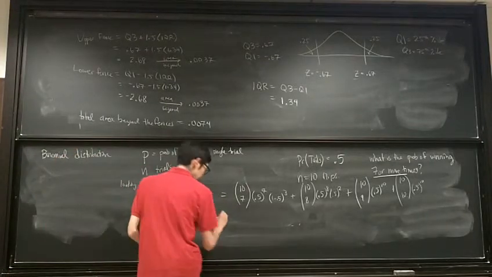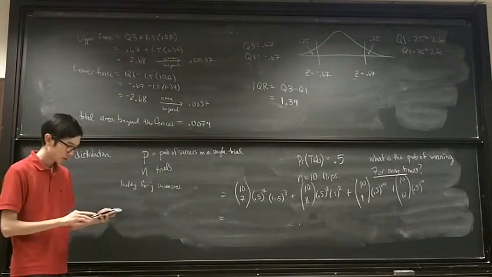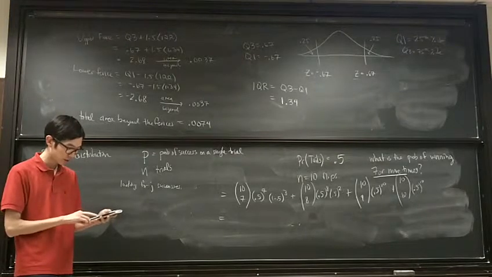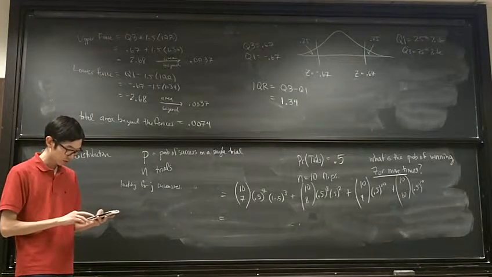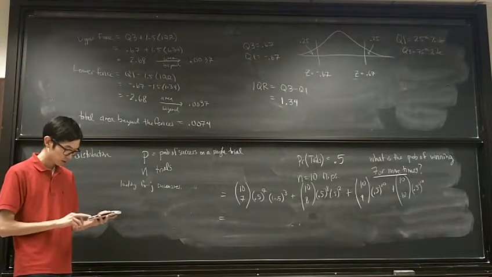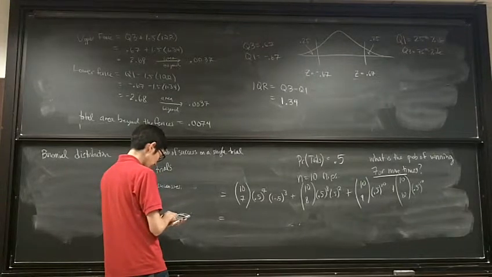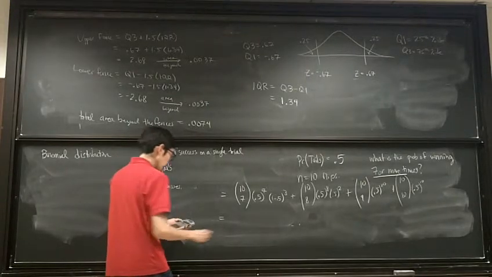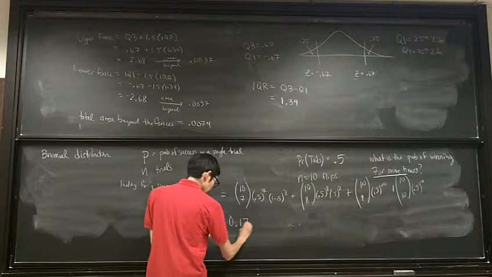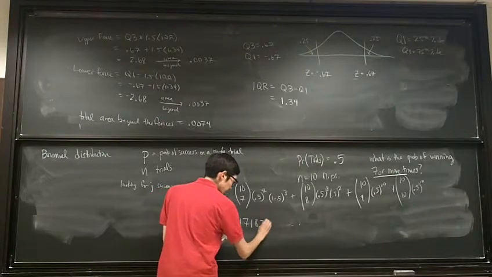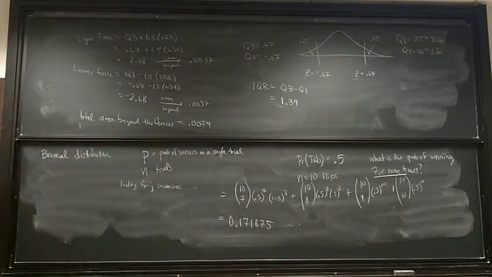So let's see. 10 choose 7 plus 10 choose 8 plus 10 choose 9 plus 10 choose 10. I get 0.171875.